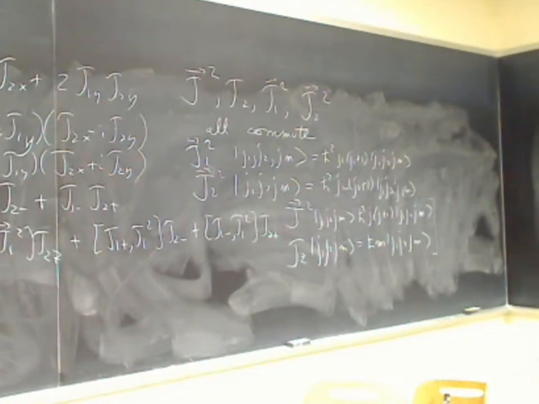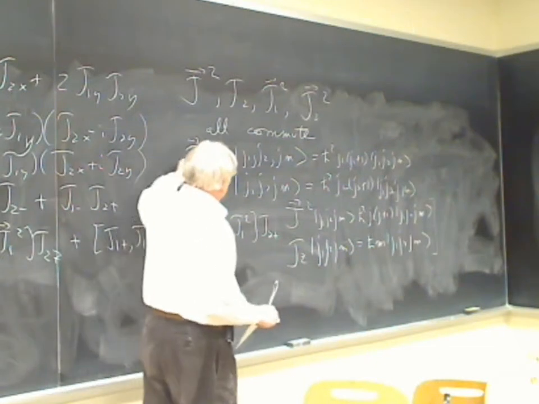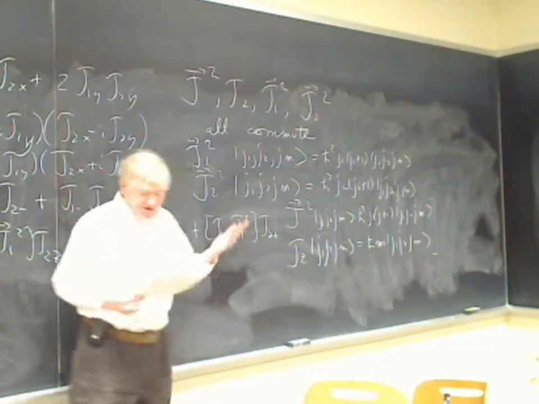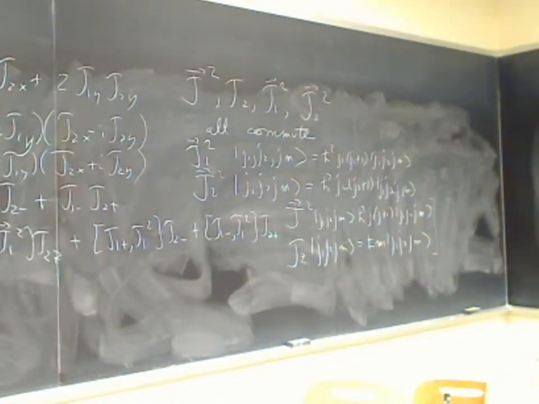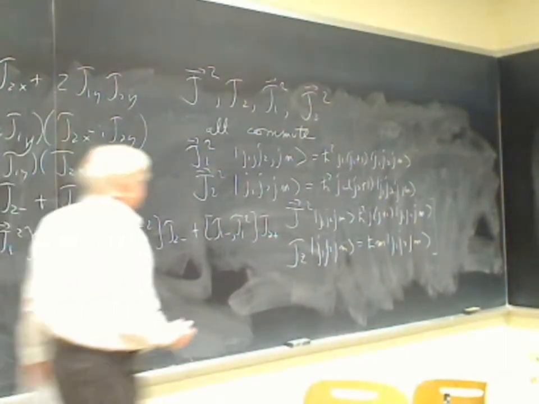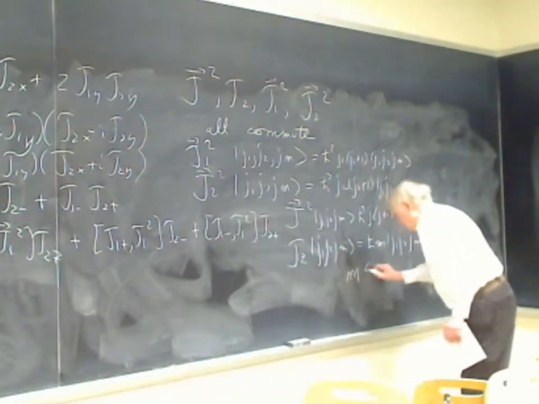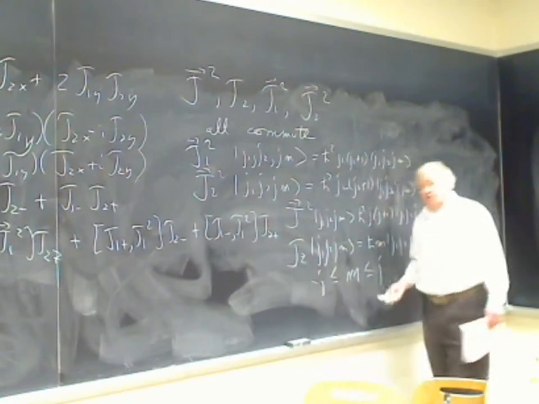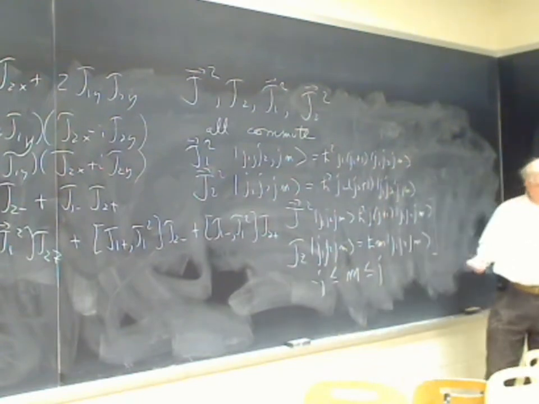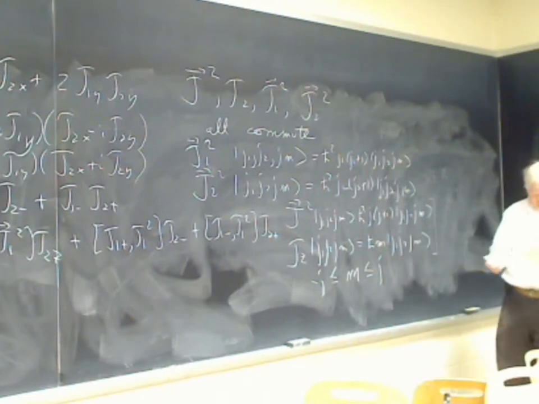The upper two equations come from the fact that we know what the eigenvalues of J1 squared and J2 squared are, because J1 and J2 are also angular momenta. And we also know that m is less than or equal to j and greater than or equal to minus j, because we proved that for any angular momentum, including this big J, which is the sum of J1 plus J2.